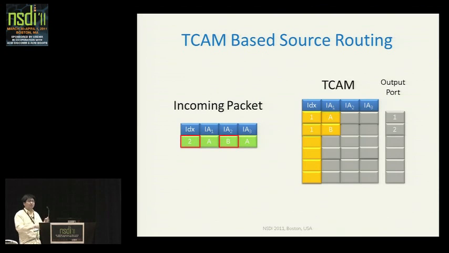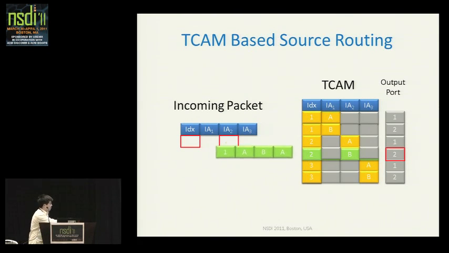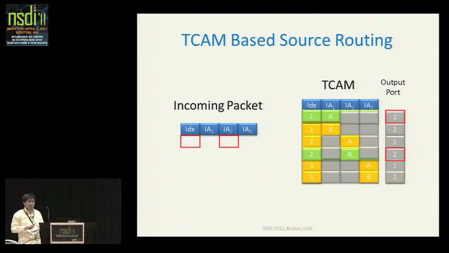Then we do similar things for other indexes and generate the TCAM matching table. When a packet comes in, it will match the index and the intermediate address simultaneously and get the output port. Here is another example. In this example, the index is 1 and the first intermediate address is A. So it will match the first entry and get the output port.